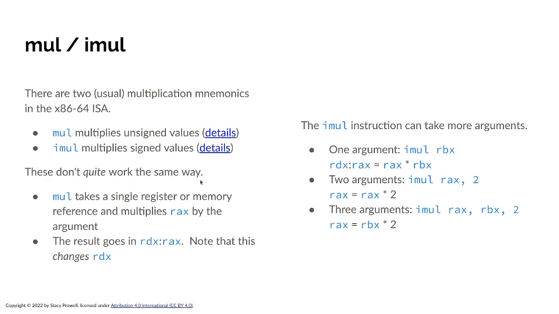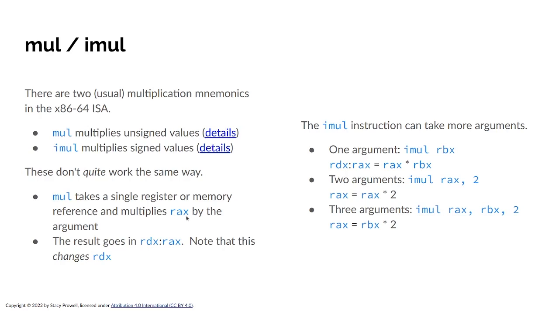So what's going on here? Mul takes a single register or memory reference and multiplies RAX by that argument. Do you remember the div instruction from last time? How it had the implicit RDX and RAX registers? Mul does the same thing, except mul multiplies RAX by whatever argument you give it.